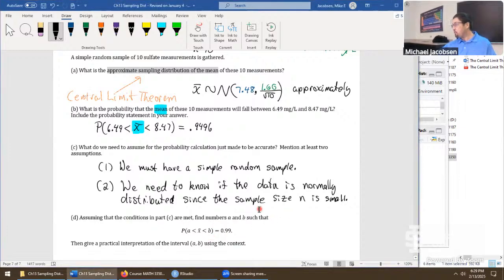So really what's going on with these two problems is on this one, we had to use p-norm to find that probability. But if we want to find the A and the B, we have to use q-norm. Does that make sense so far? Yep, absolutely.